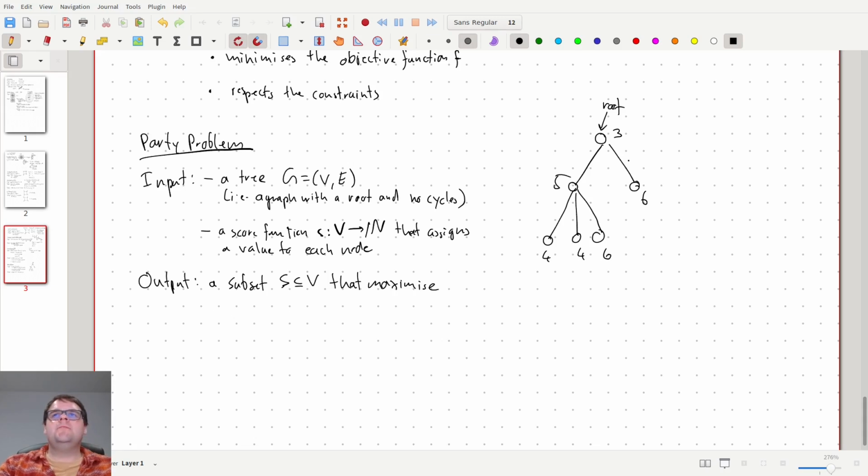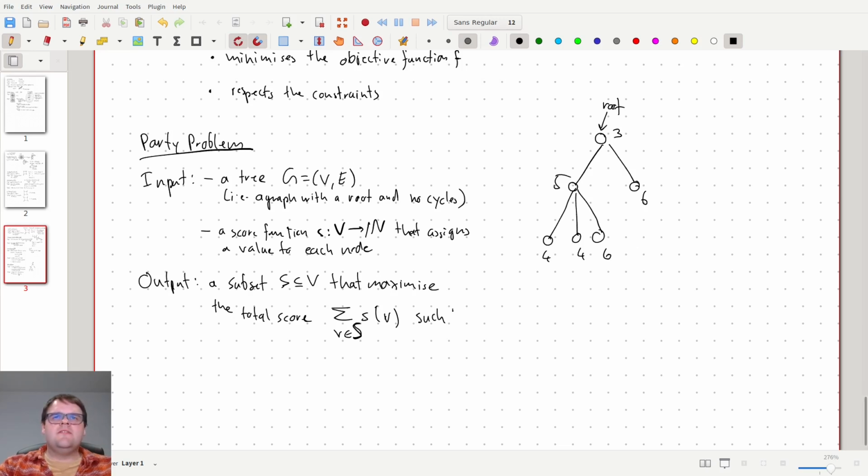Not necessarily as many people as possible; I want to maximize what value we get out of it, right? What's the total score? That's going to be the sum of the values. So the value function is S of v, and it's the sum over the v's in capital S, in your subset.